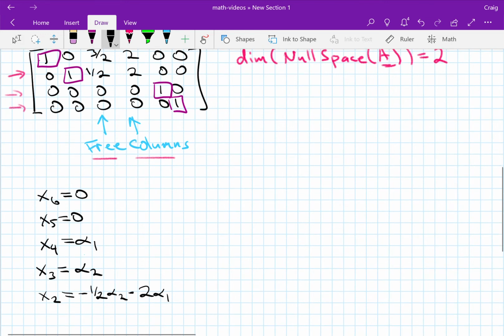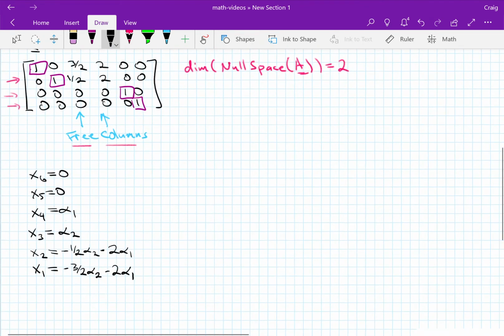And then finally, we have an expression for x1, which is equal to minus 3/2 alpha2 minus 2 alpha1, and again, the 3/2 alpha2 corresponds to the alpha2 column, and the minus 2 alpha1 corresponds to the alpha1 column. Okay, so this is the most general expression for a vector which satisfies the homogeneous equation.